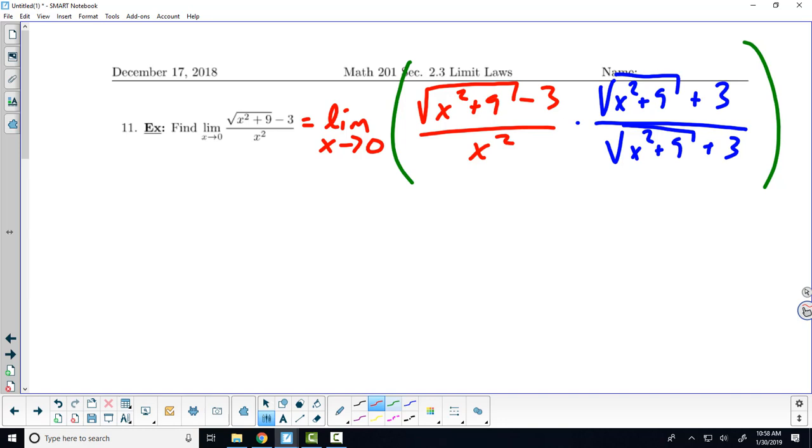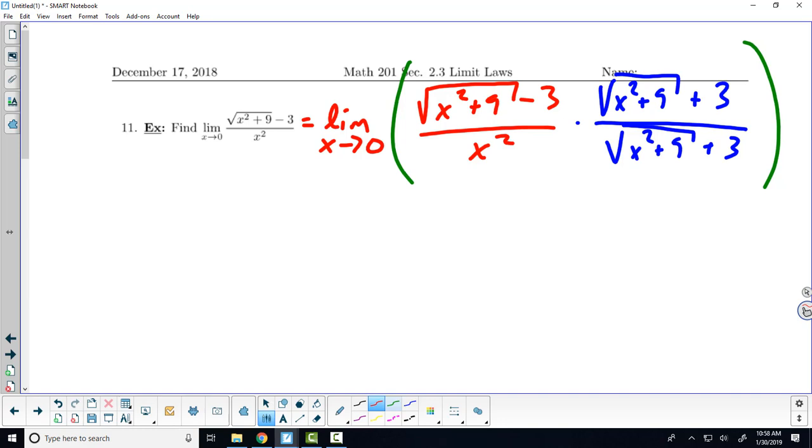So let's do our firsts. I multiply the square root times the square root. That would be the square root of x squared plus 9 times itself, which is the same thing as it squared, which will get rid of the square root. Then I'll do my outers, plus 3 square root of x squared plus 9. And then the inners, minus 3 square root of x squared plus 9.